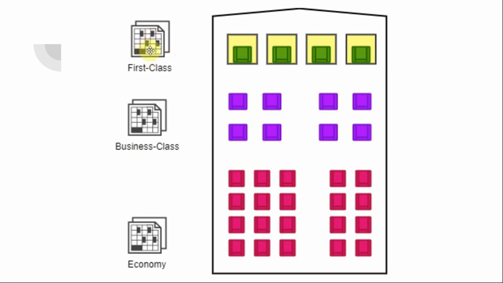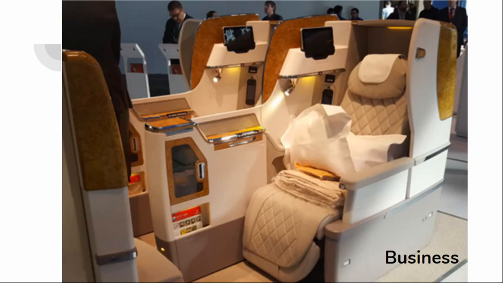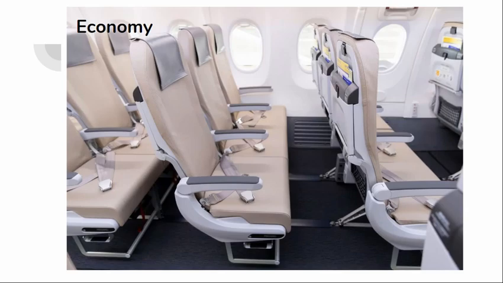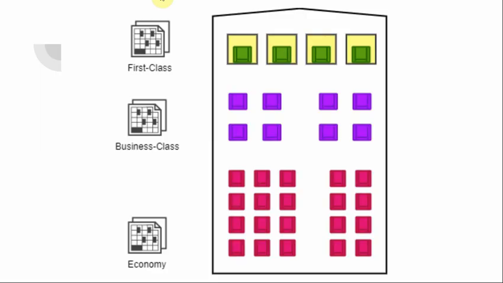So first class, the business class, and the economy class. So we have three classes, so we will create three blueprints which help us build a seat, which would also require building the mold and all these things.